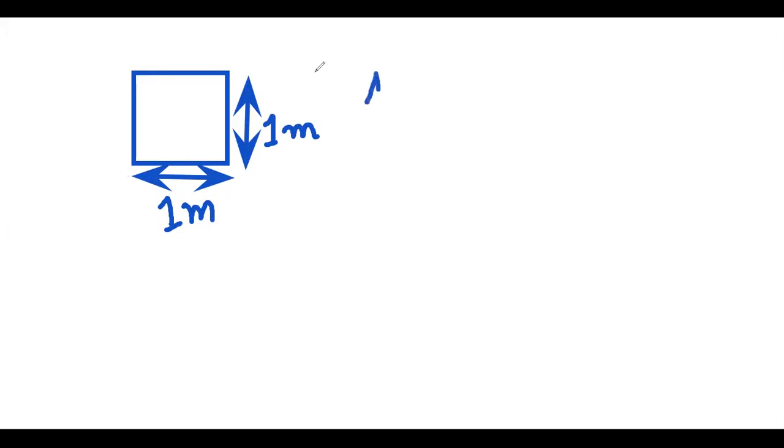So if I want to find the area of a square whose length and breadth are 1 meter, then the area will be the square of the side.